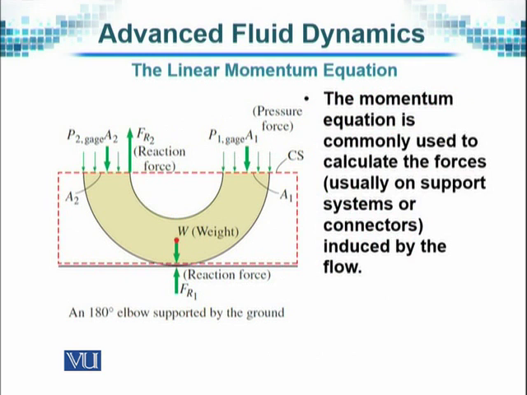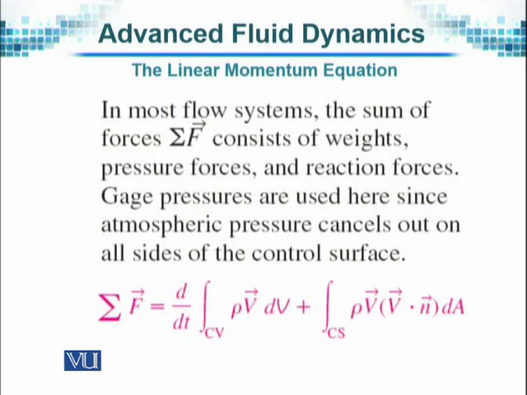The momentum equation is commonly used to calculate the forces, usually on supports or connectors introduced by the flow. The flow in pipes, the flow in any containers is considered, and again for a control volume, which is shown here by the red dotted line, it shows the forces that are acting when the flow takes place in this situation.